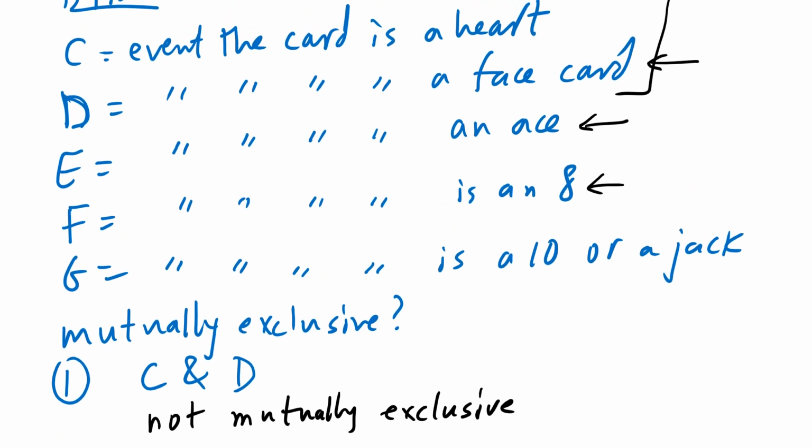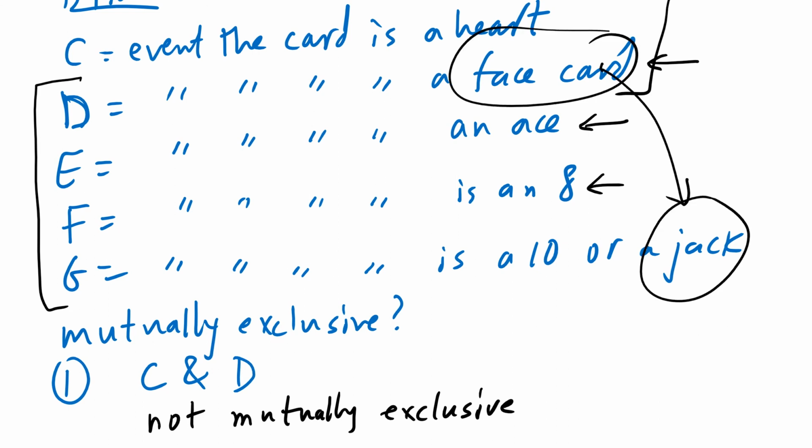So for the last events, D, E, F, and G: a face card is not an ace. A face card is not an 8. Is an ace an 8? No. Is an ace a 10? No. What about face and jack? Does that work? Yes, a face card and a jack. A jack is a face card.